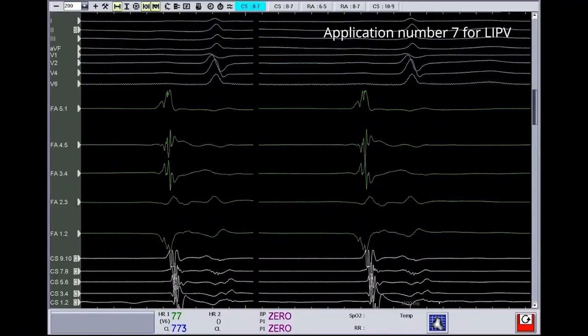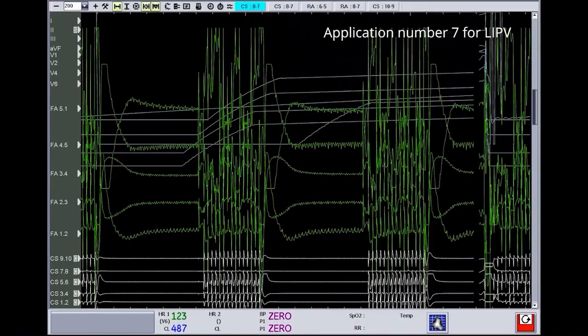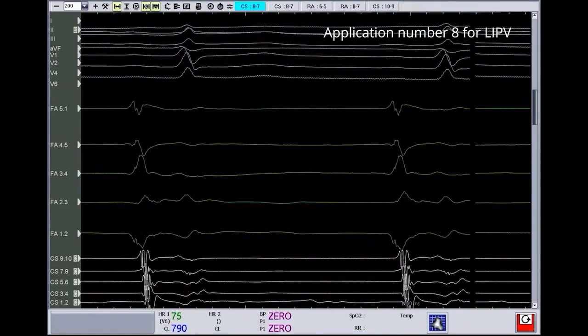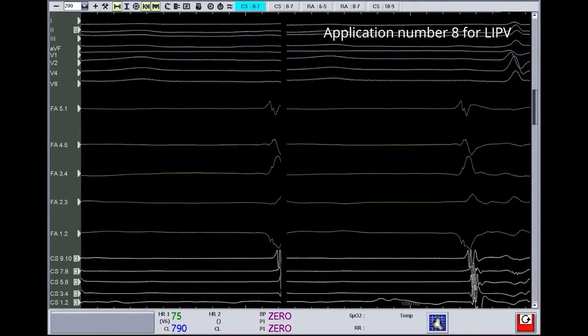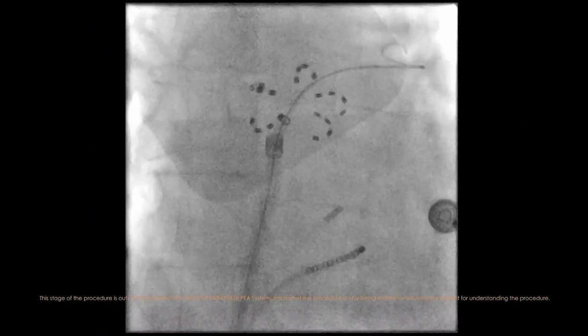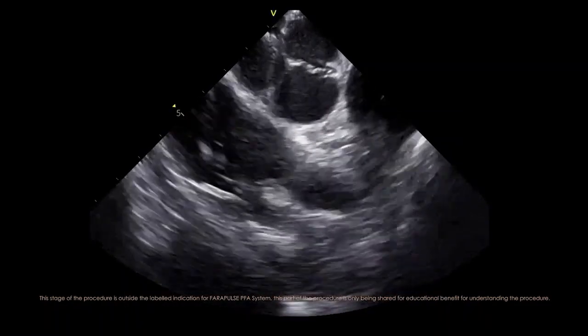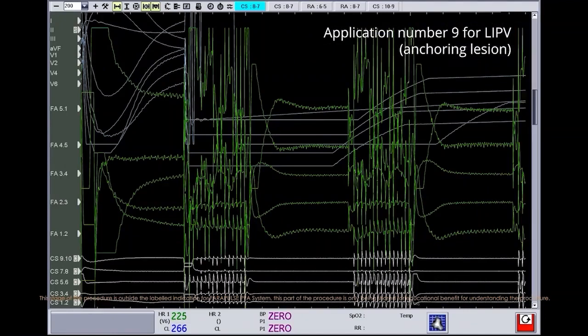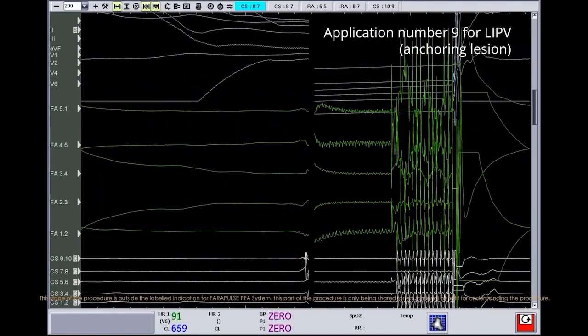Applications 7 and 8 are delivered. Finally, an additional 2 anchoring lesions are delivered towards the posterior wall with the wire retained inside the PV.